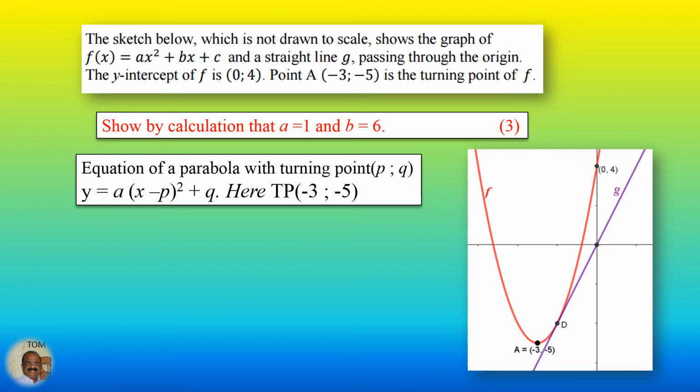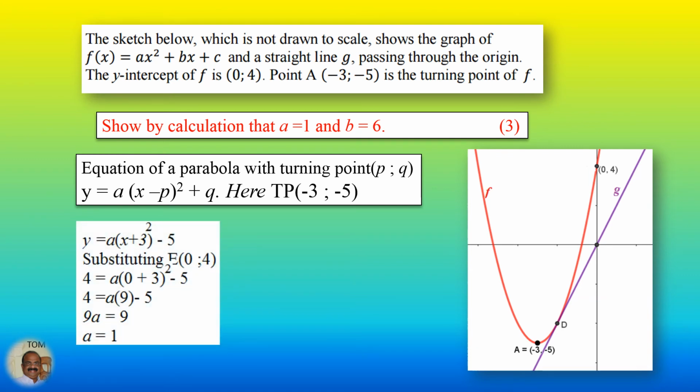If the turning point is (p, q), then the formula we can write is y = a(x - p)² + q. So the x coordinate p and y coordinate q are available here. The turning point is (-3, -5). We substitute into this formula. So we get y = a(x + 3)² - 5.